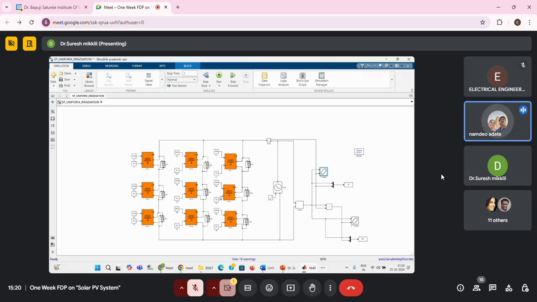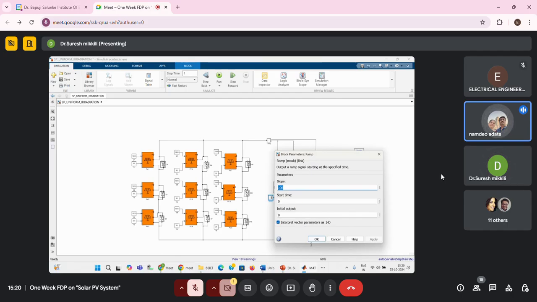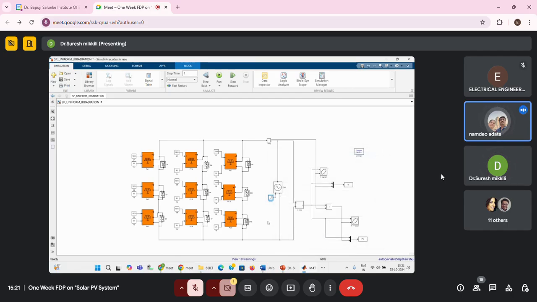Voltage is showing 98.7, sir. So here constant voltage block, how much we should take? 100. We have to set the 100, no? Yes. The set value should be 100.